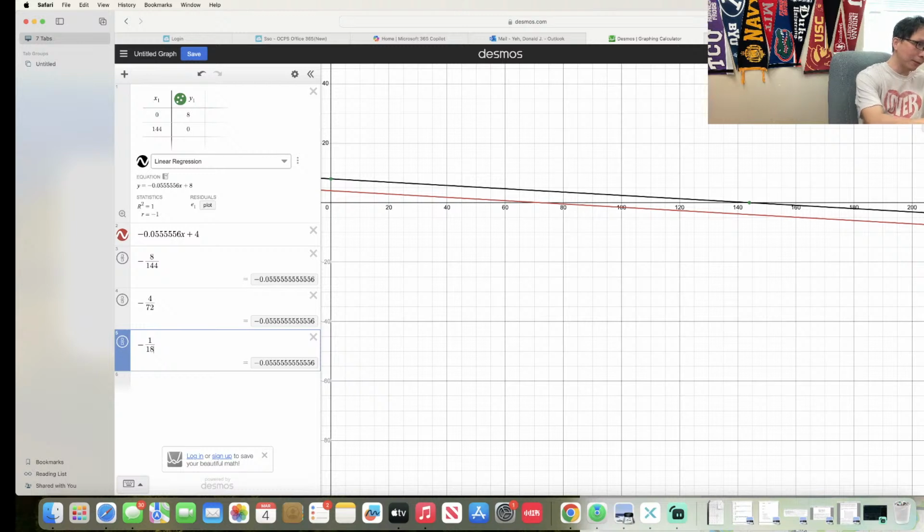So that is the slope, 1 over 18. So yeah, it's a negative 1. So this is a 4, 4 negative 1 over 18.